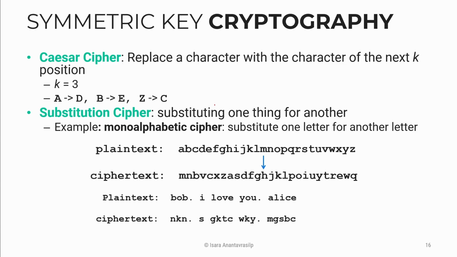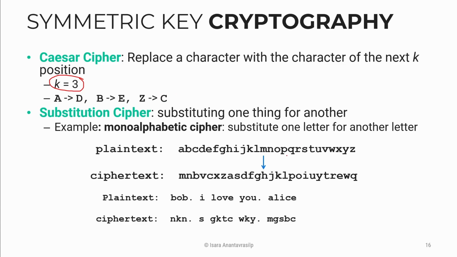What the Caesar cipher does is replace a character with another character k positions later. For example, if we set k equals 3, we shift A by 3 positions: A to D, B to E, and so on. Z goes back around to A, B, and C. This is the encrypted character.